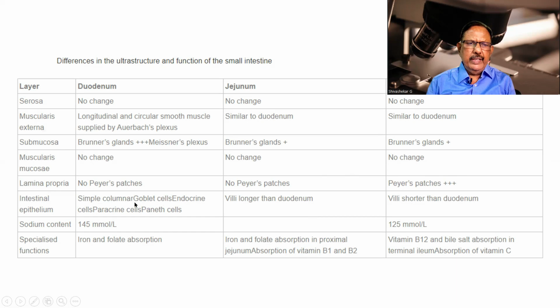And the intestinal epithelium, columnar with goblet cells. Villi are longer in the jejunum, villi are shorter in the ileum than the duodenum. The other things we need not go into. This is a wonderful one. You find that the function will be varying. We shall be seeing it under various pathologies.